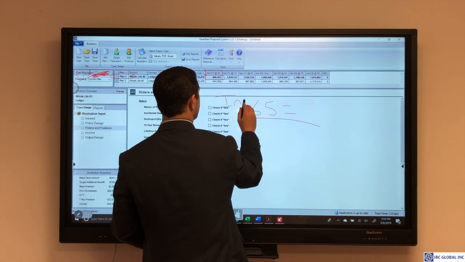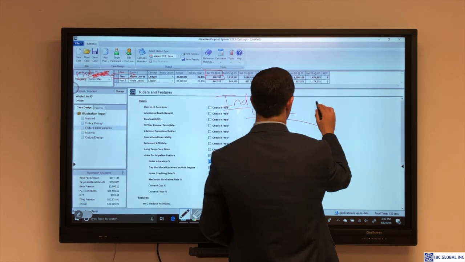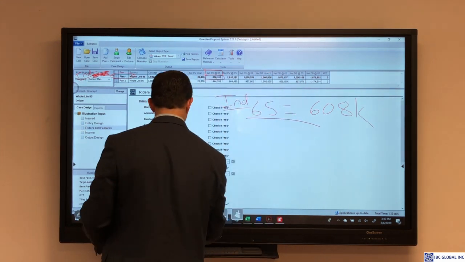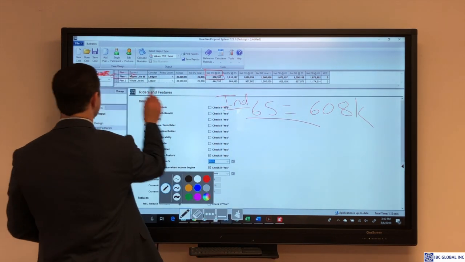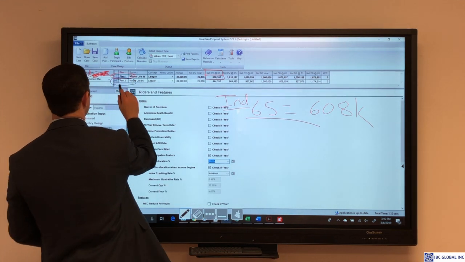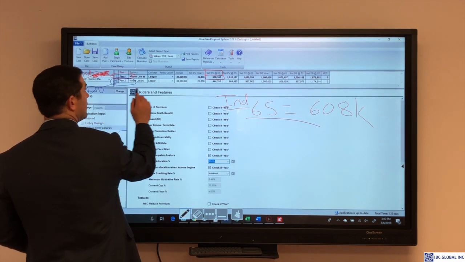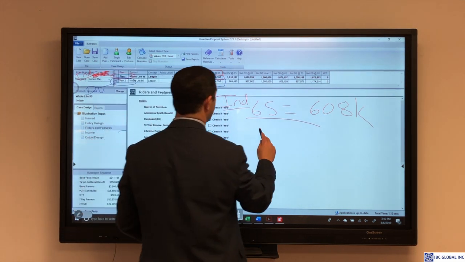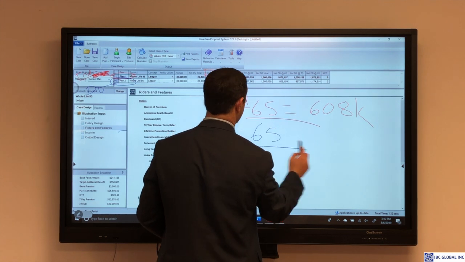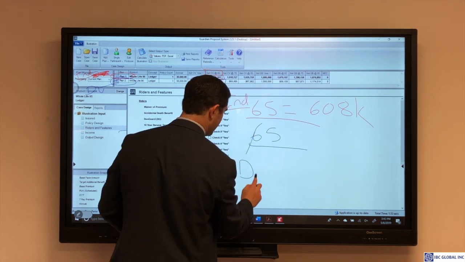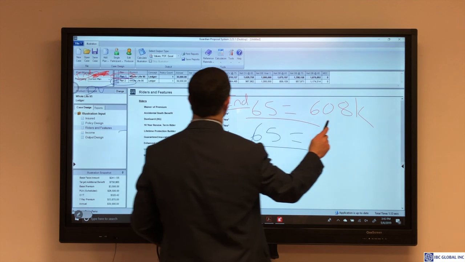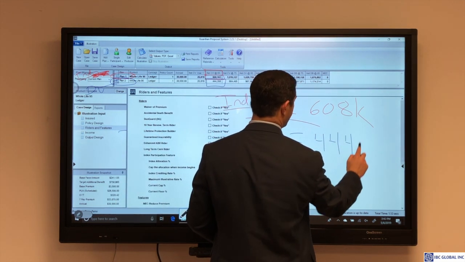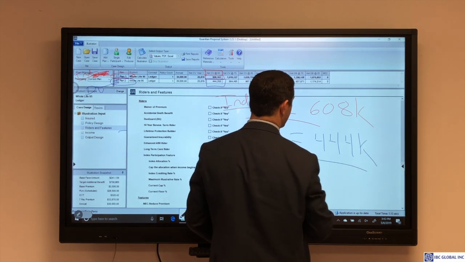Index strategy. Here's what the projection shows. 608,000. Now, when I take my basic dividend rate, pay the same amount of money in over 5 years, 150K, age 65, this is just the dividend, 444,000. Neither of which are guaranteed.